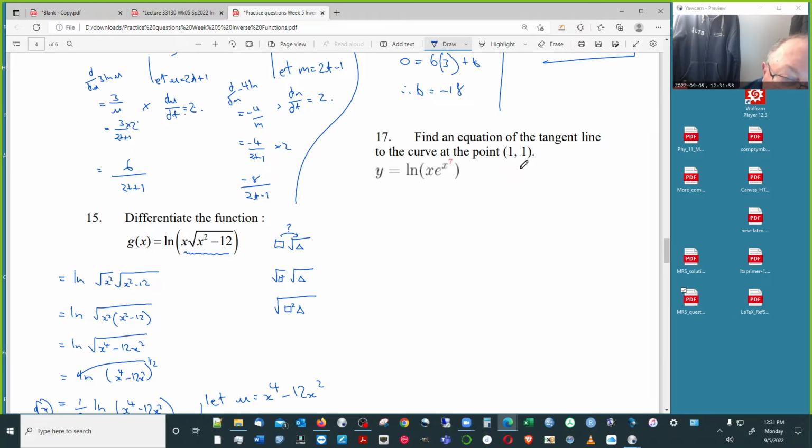Okay, so whenever you have a product, you can rewrite it as the ln of A plus the ln of B. So we get y equals, there's your product. Okay, so that's not too bad. What do you notice?